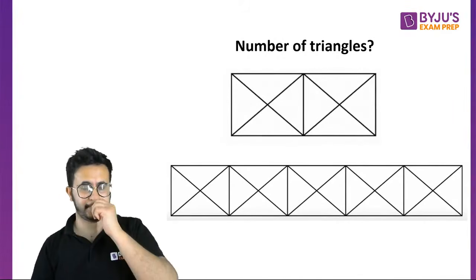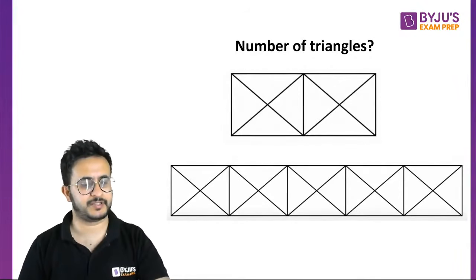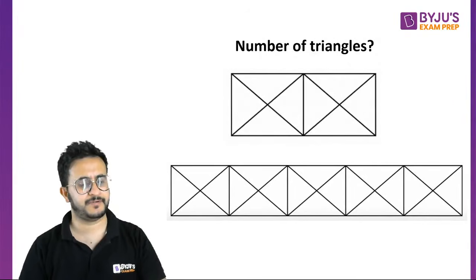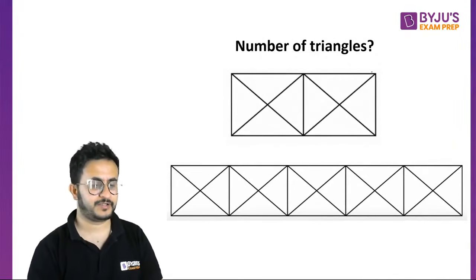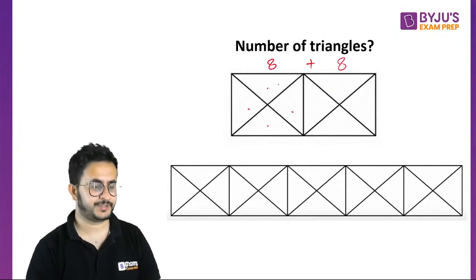So how do we find the number of triangles in this scenario or any other scenario wherein there are multiple figures involved? First of all, we count the number of triangles in individual elements, right? So we know that it has 8 triangles. This also has 8 triangles.